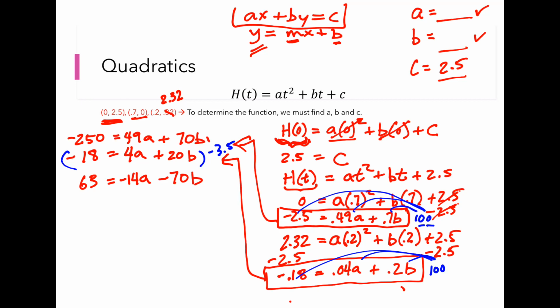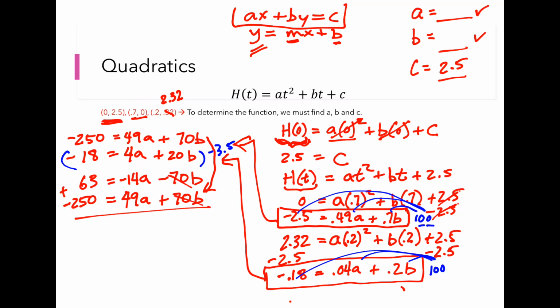So I'm going to rewrite this down here as well. Now what I have is negative 250 equal to 49a plus 70b. I just rewrote it next to it so that I can add these together and get my results.